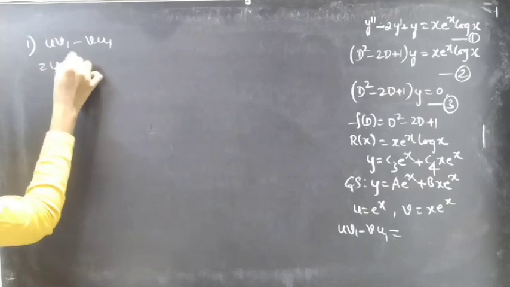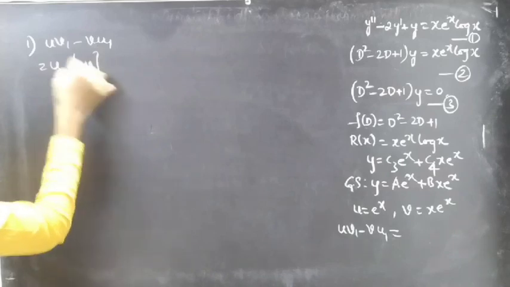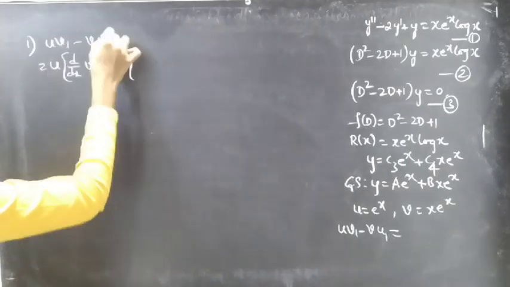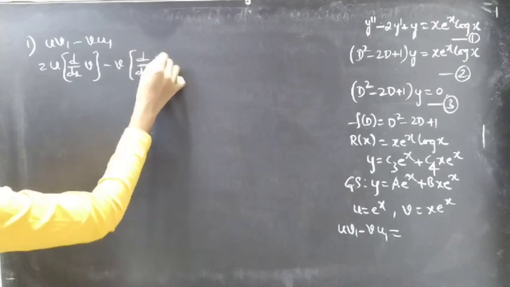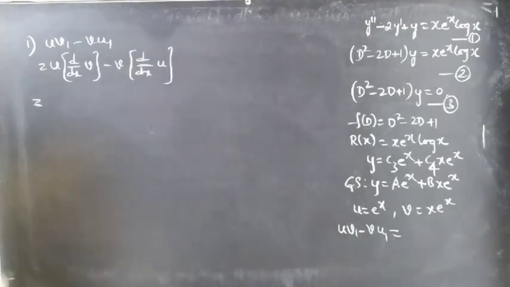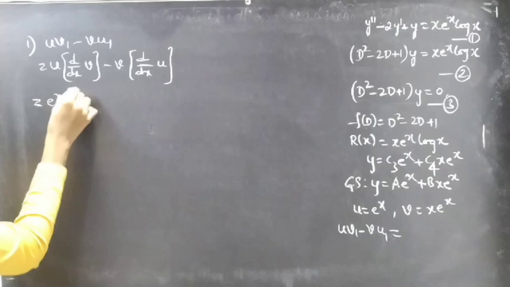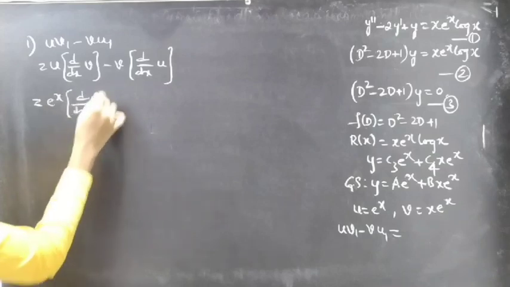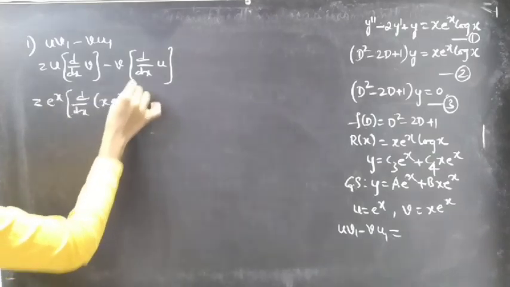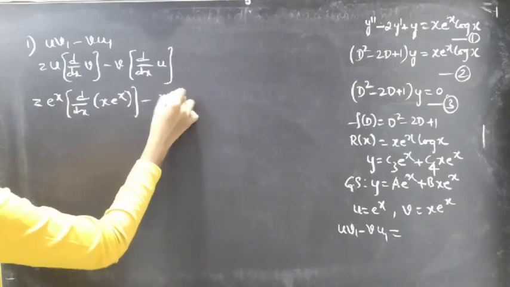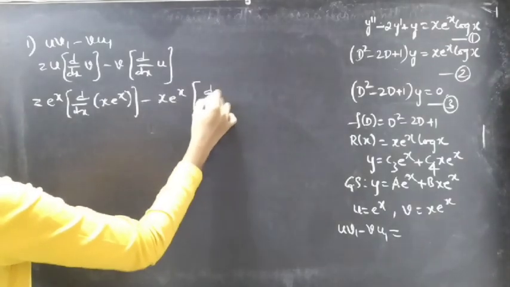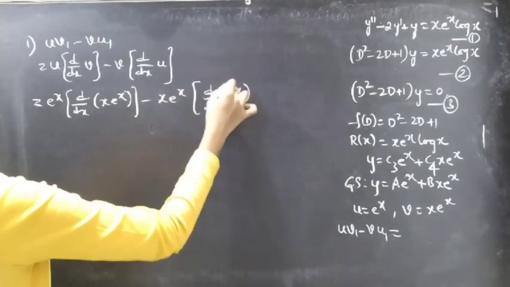Here v1 is nothing but derivative of v with respect to x, and u1 is nothing but derivative of u with respect to x. uv1 minus v1 is e power x into derivative of v, x e power x, minus v into derivative of u.